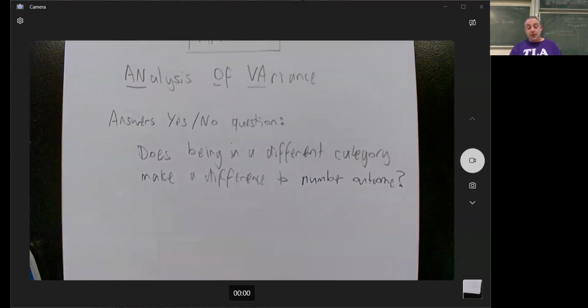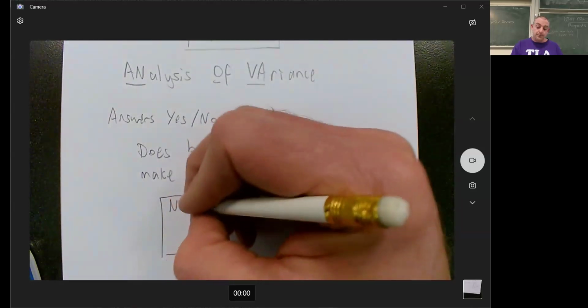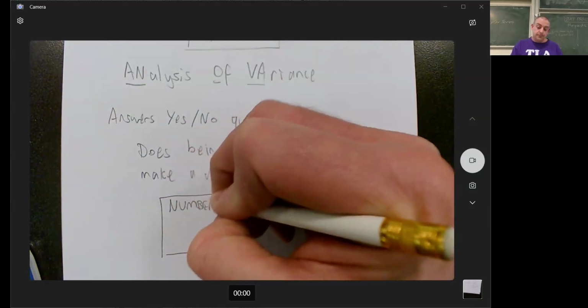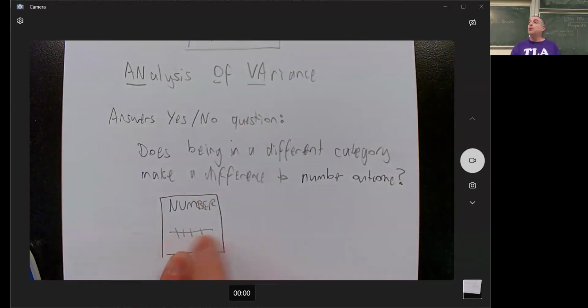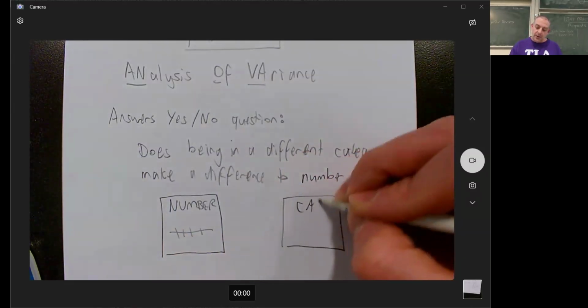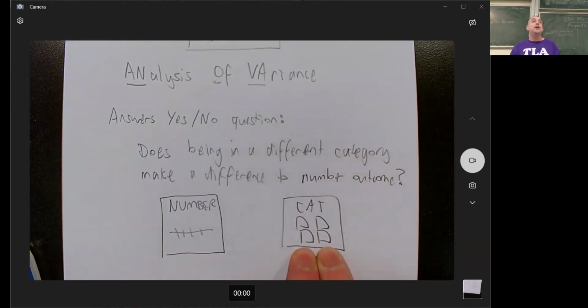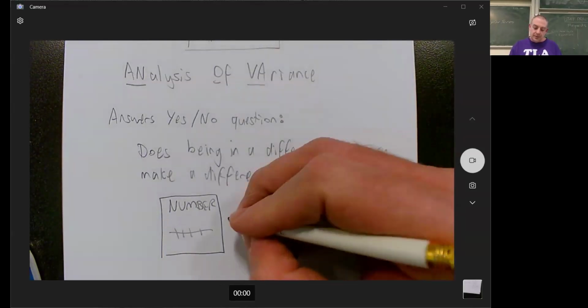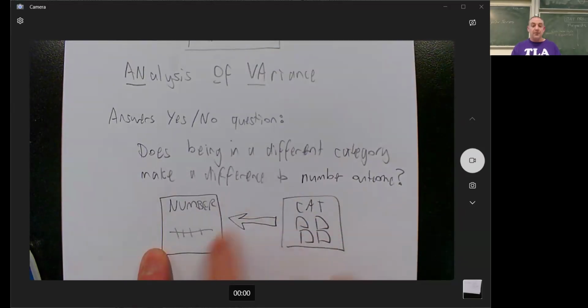So this is a picture in my head of how it works. There is some numerical outcome. And I draw this like this because that's a scale on which to measure my number. And I want to know, does being in a different category, these are the boxes to put people in, or cats or chickens or whatever they are, does this make a difference to this? Does this make a difference to that?